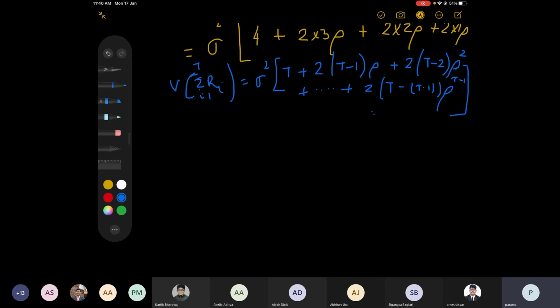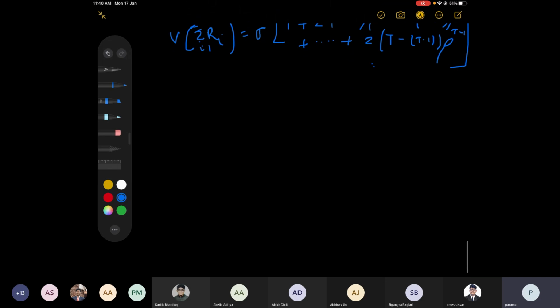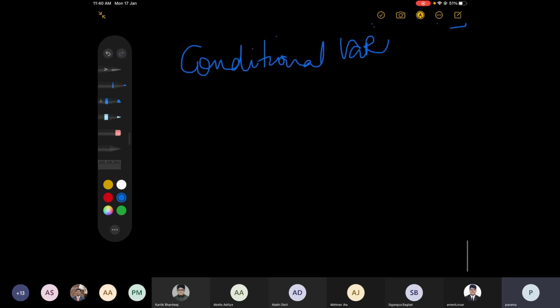Okay. Let's go to one more topic, which is called the conditional value at risk. Many of you might have already heard this. What is conditional value at risk? One of the problems with value at risk, as we were saying a little while ago: if I have T days of data, which can be 5,000 data points or whatever, value at risk only asks me to take a cutoff.